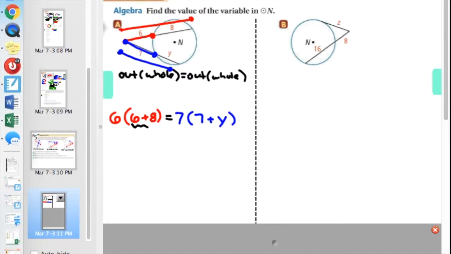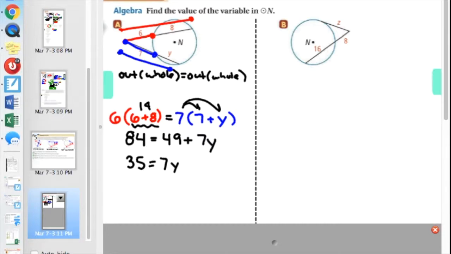So first I'm going to do 6 plus 8, and 6 plus 8 gets me 14. 6 times 14 gets me 84. So 84 is equal to, I'm going to distribute the 7, we have 49 plus 7y. Then I'm going to subtract 49 from both sides, and that gets me 35 is equal to 7y. Divide both sides by 7, and I get 5 is equal to y.